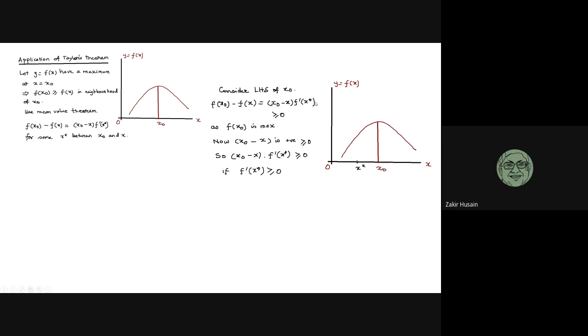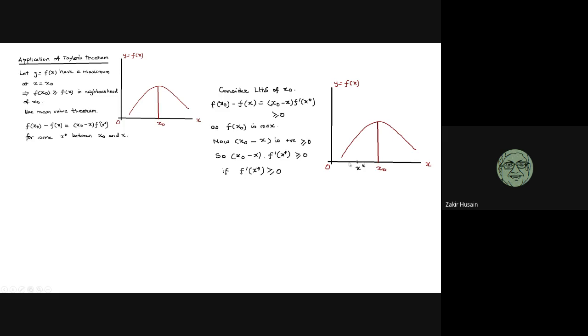Okay, now focus on the right-hand side. See, (x0 minus x) into f prime. Since these two are equal, this term will also be greater than or equal to 0. Now suppose we compare x0 and x star. What is the sign of this?